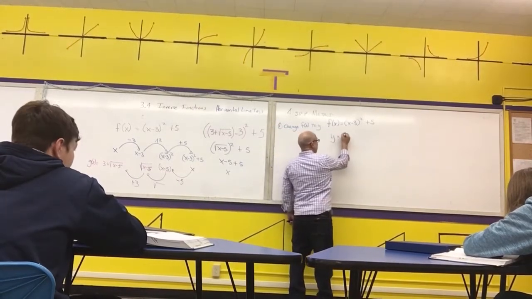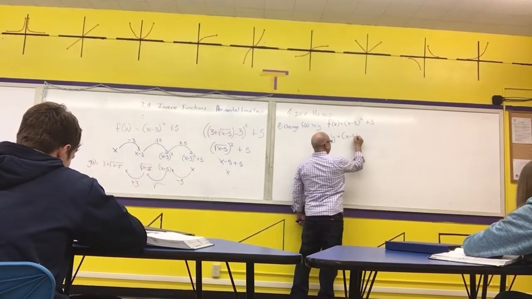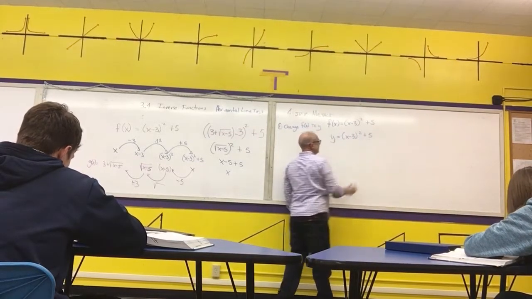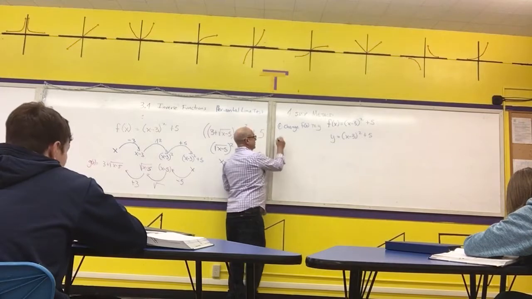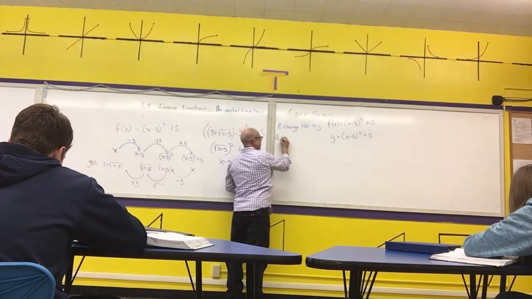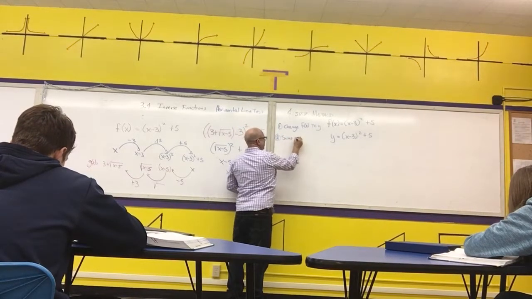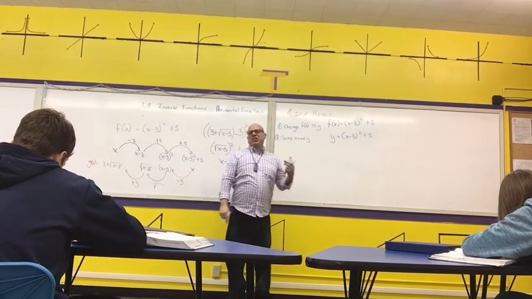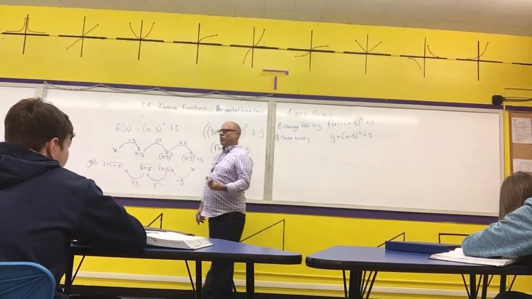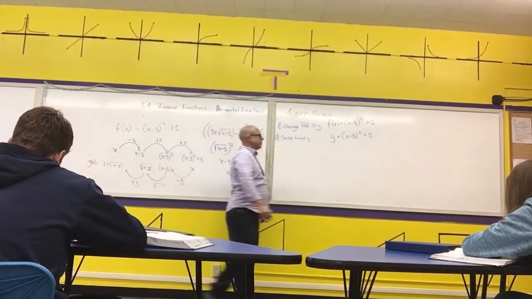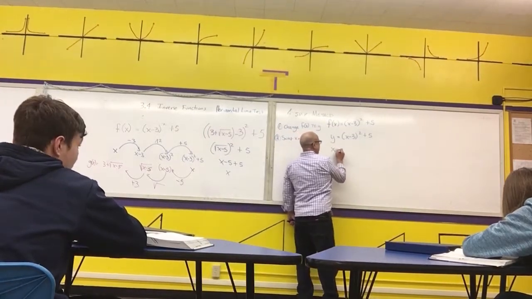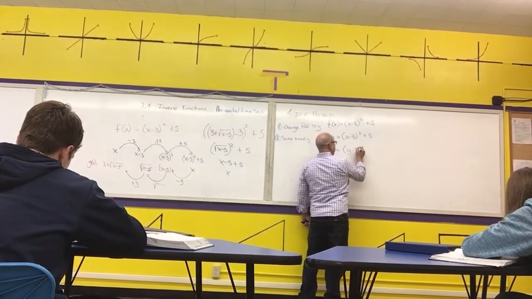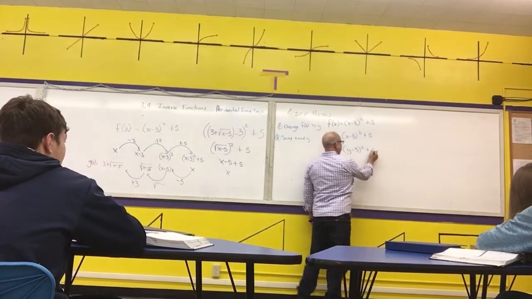So I get y equals x minus 3 squared plus 5. Step 2: swap x and y. Everywhere there's an x, I'm going to replace it with a y. Everywhere there's a y, I'm going to replace it with an x. x equals y minus 3 squared plus 5.